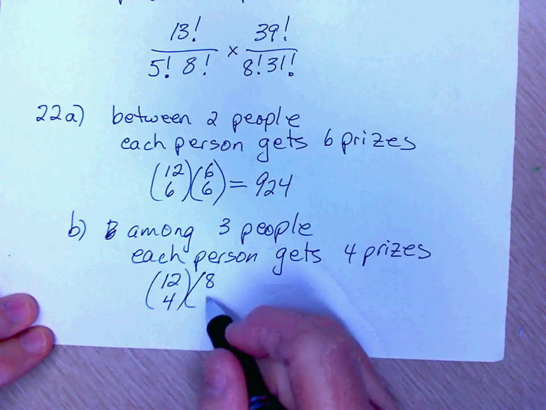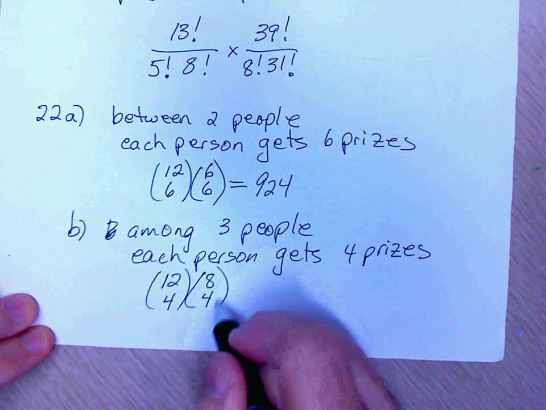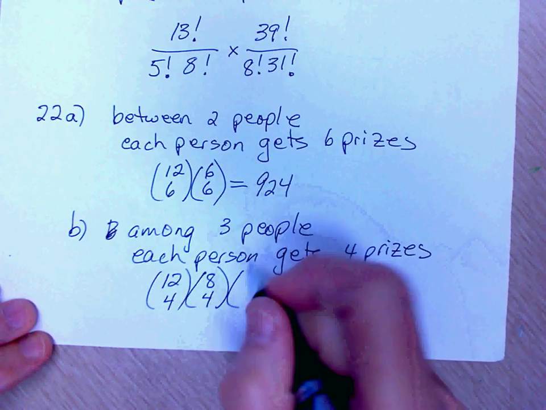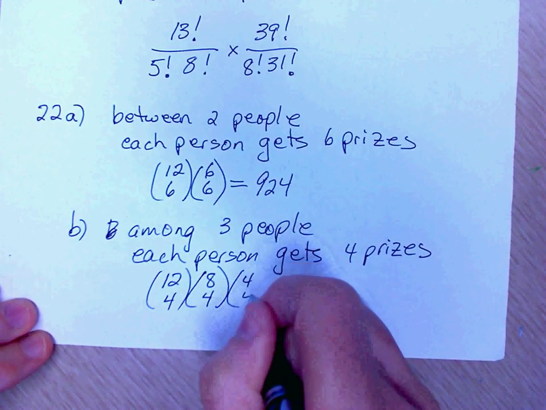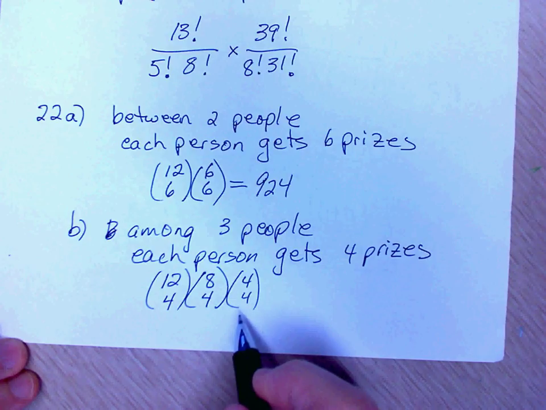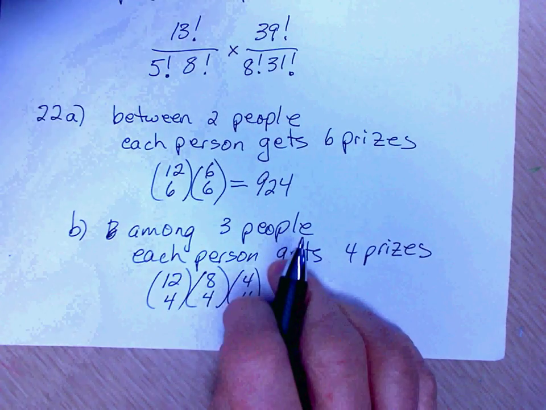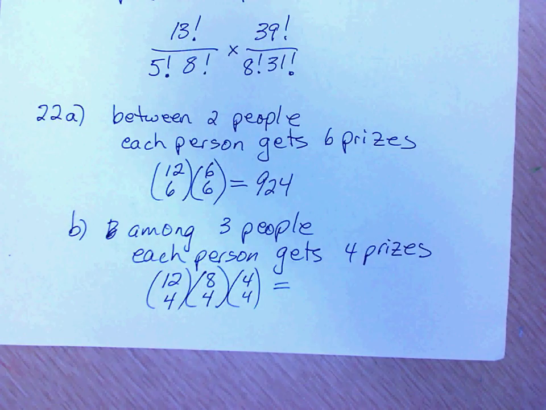And then out of the remaining 4 prizes, the third person gets the remaining 4 prizes. So that's the way you would divide that up, and I get 34,650.